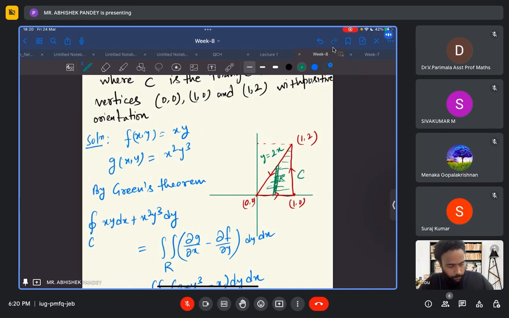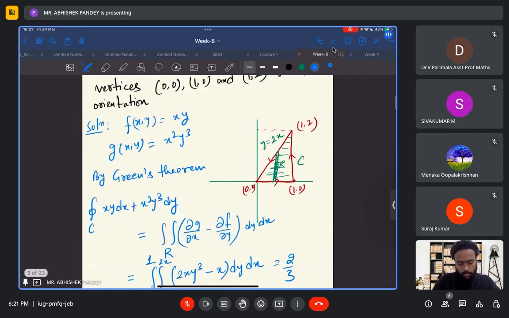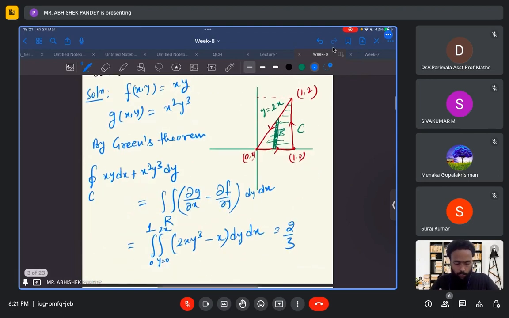The limit of y is 0 to 2x, and x is from 0 to 1. Now we just have to integrate this, and the answer will be 2 by 3. The only main thing is how we are converting this and how we are getting the limits. After that, there are only calculations.